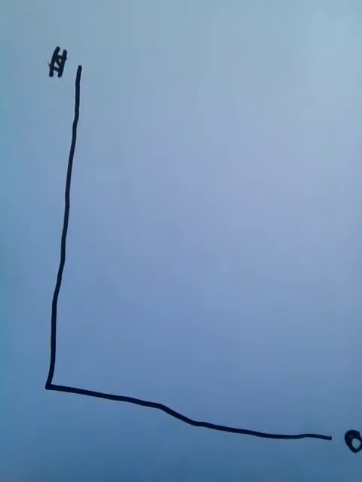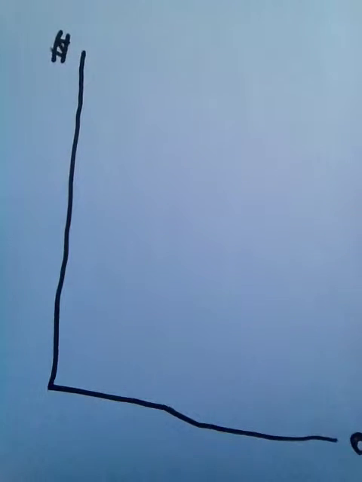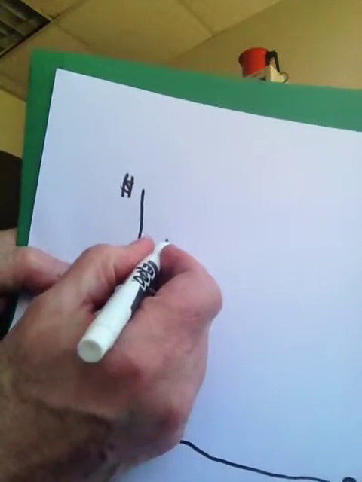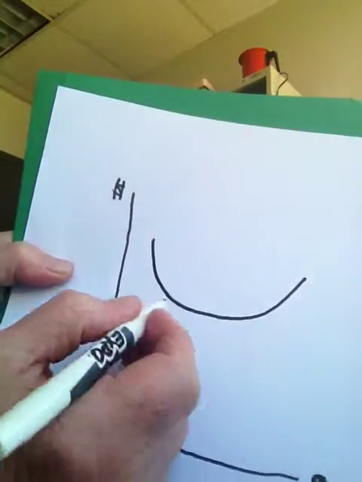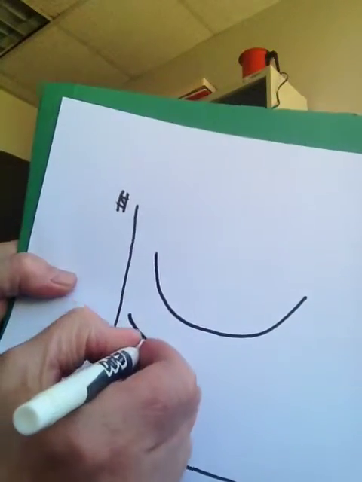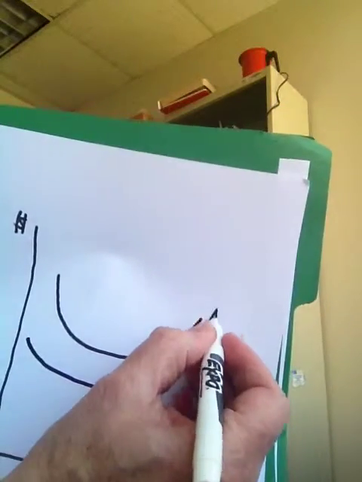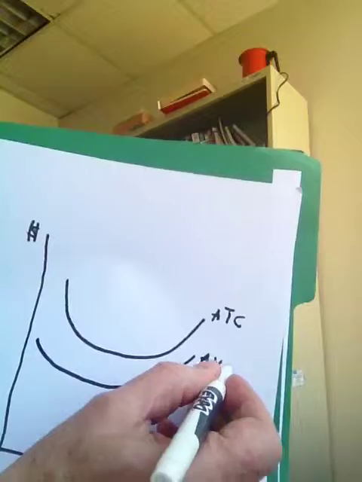You're just going to be taking the total costs and dividing that by Q to get the average total cost curve, the total variable cost, dividing that by Q to get the average variable cost curve, and the two are going to look like this, as it turns out. They're going to be kind of U-shaped like this. There's the average total cost curve, the average variable cost curve.